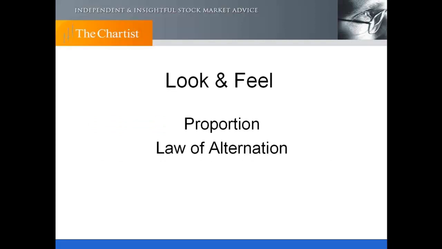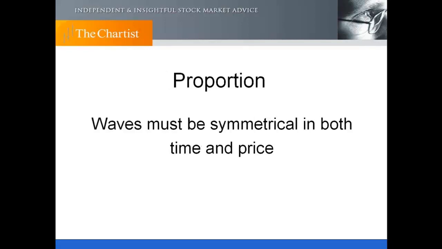What we need here, and at the end of the day, Elliott wave is a discretionary kind of pattern. In other words, it's got to look right, it's got to feel right, it's got to make sense, it's got to smack you between the eyes. If it doesn't, if you've got to go looking for what is a pattern, then it's probably not there. If it smacks you between the eyes, then it's there. And believe me, at the end of tonight, I'm going to show you a couple of very weird charts, and you're going to go, oh my God, there it is.